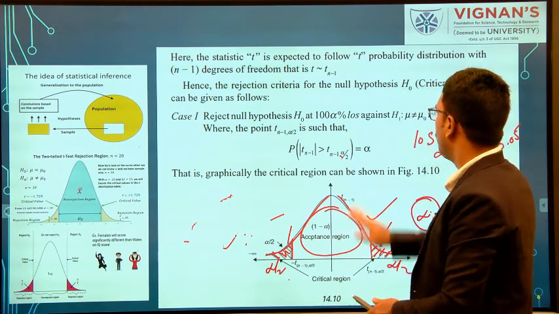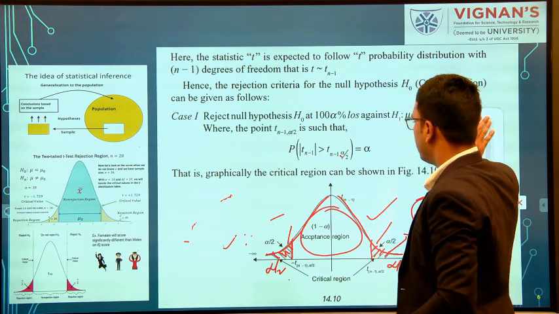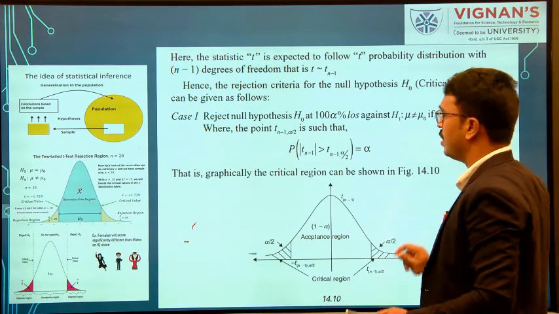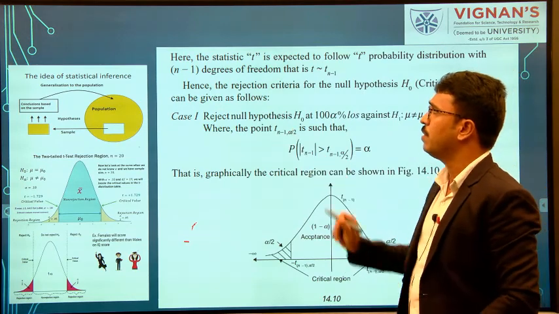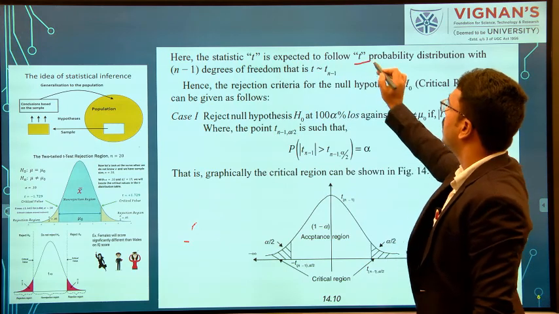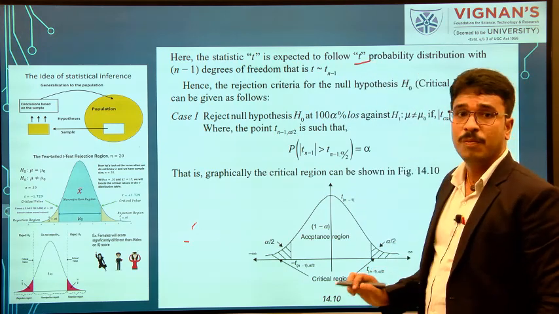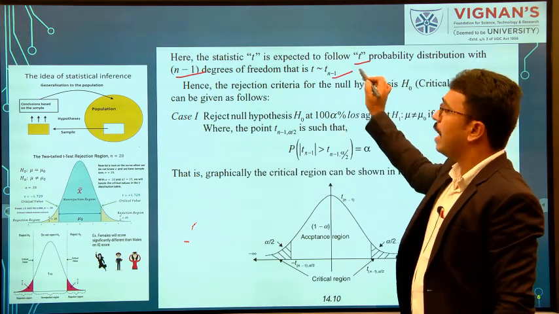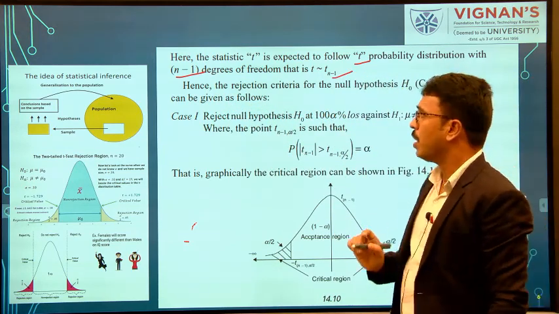Understand? Now you see, here we have some other information also about this rejection criteria. Here, if you see, the statistic t is expected to follow the t probability distribution with n minus 1 degrees of freedom, that is t_{n-1}.